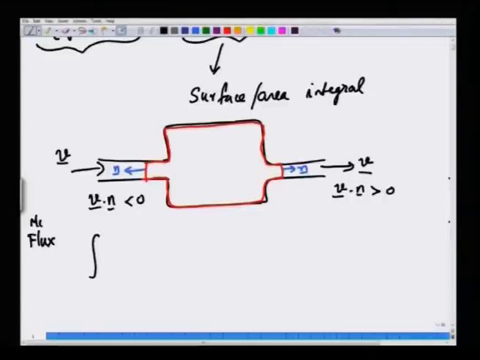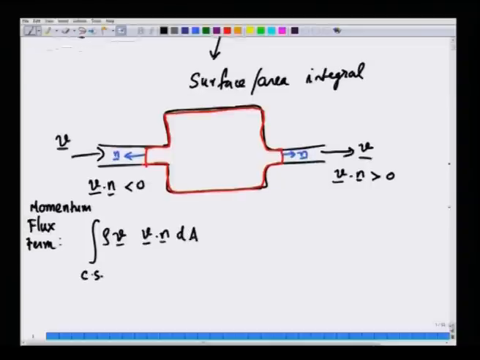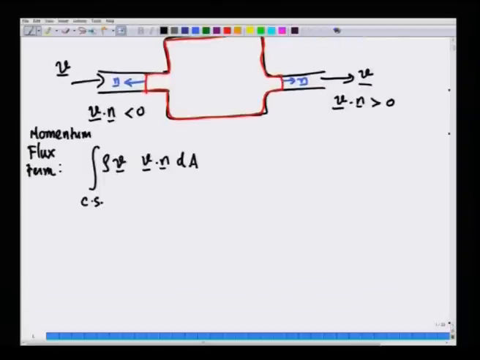So, let me just focus on the momentum flux term in the integral momentum balance, that appears like this: rho v dot n dA over the control surface. Now, suppose we assume uniform flow.